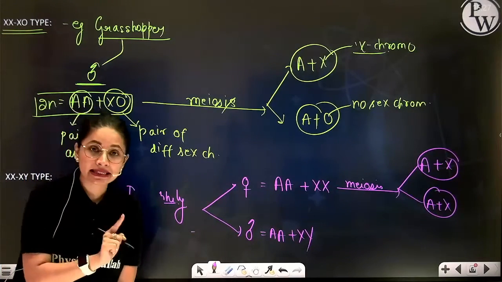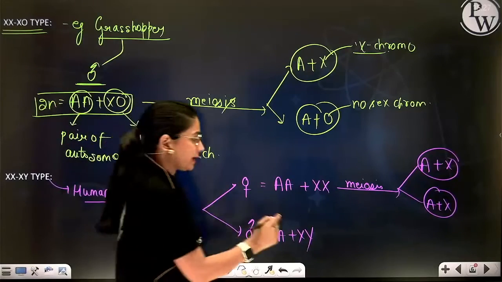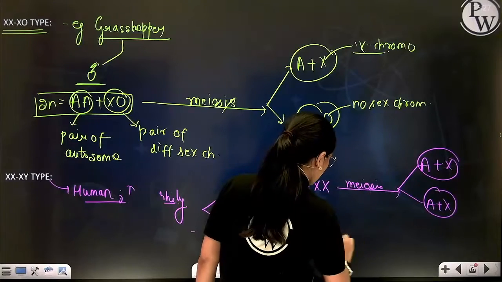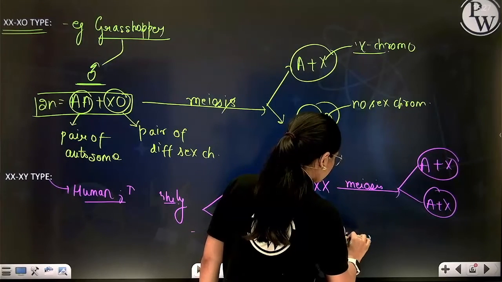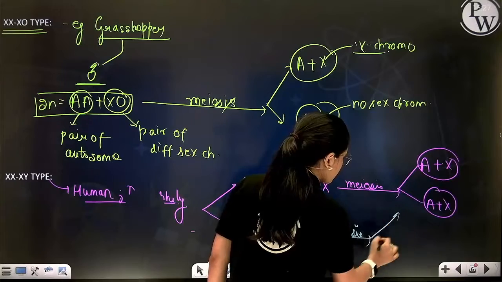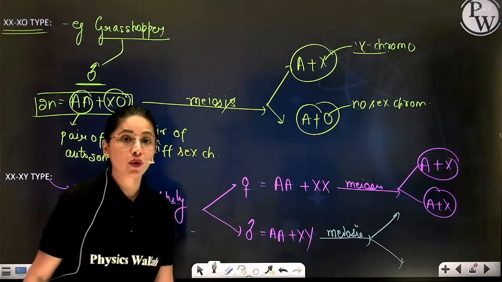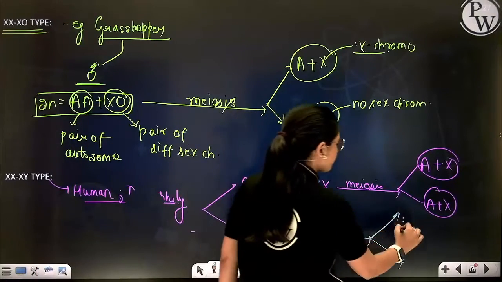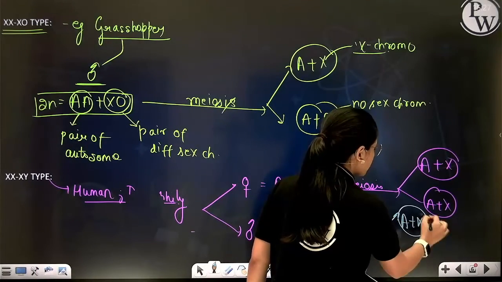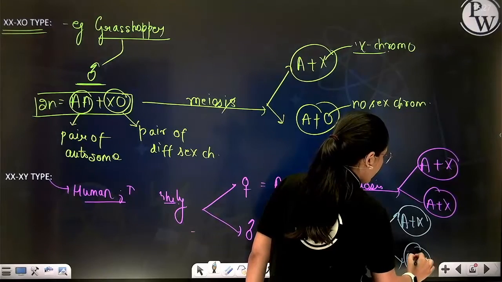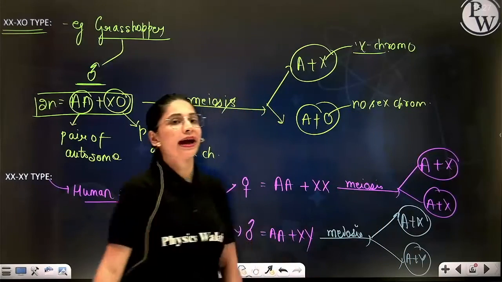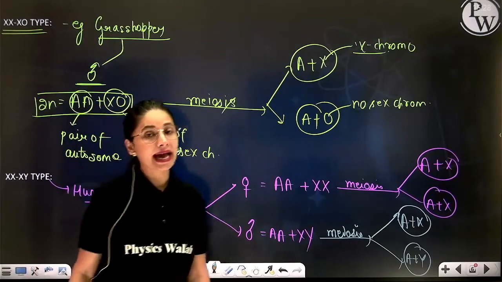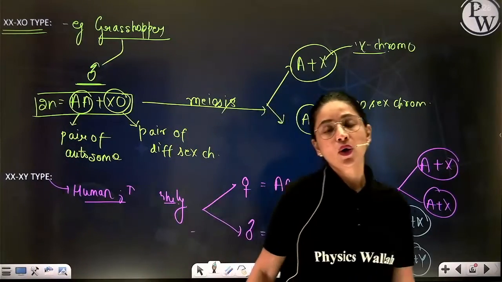One is X, another is Y. Now, when such a cell undergoes reduction division, it produces two different types of gametes, one having the X chromosome and another having the Y chromosome. So this is known as male heterogamety.